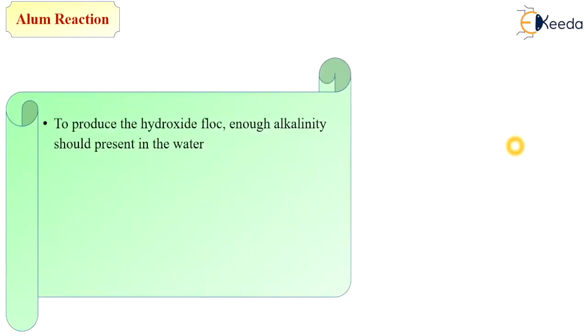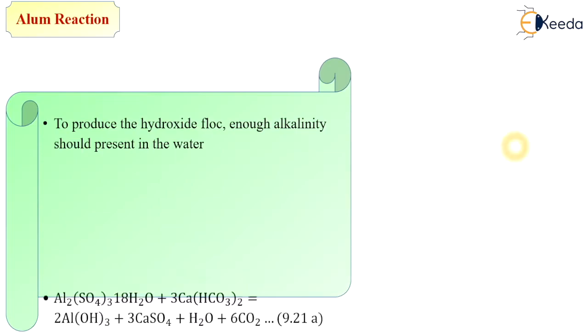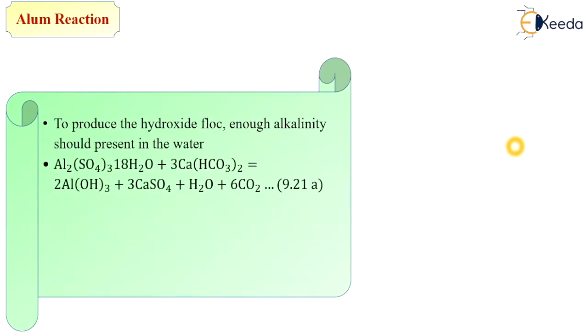Let's see the alum reaction when alum or aluminium sulfate is added into the raw water. To produce the hydroxide flock, enough alkalinity should be present in water. When alum is added into the water, it reacts with the calcium hydroxide and gets converted into the hydroxide flock, and that flock will settle down in the sedimentation tank.